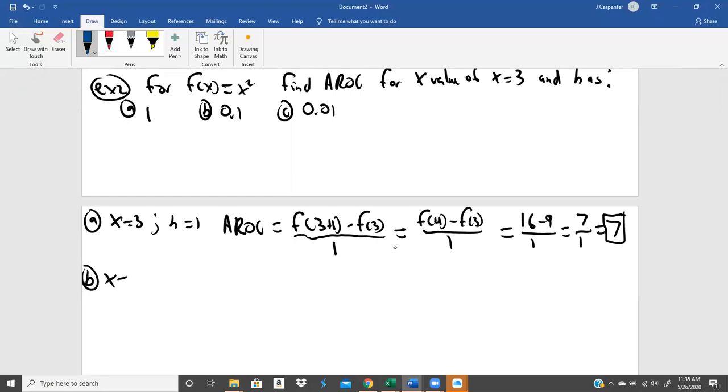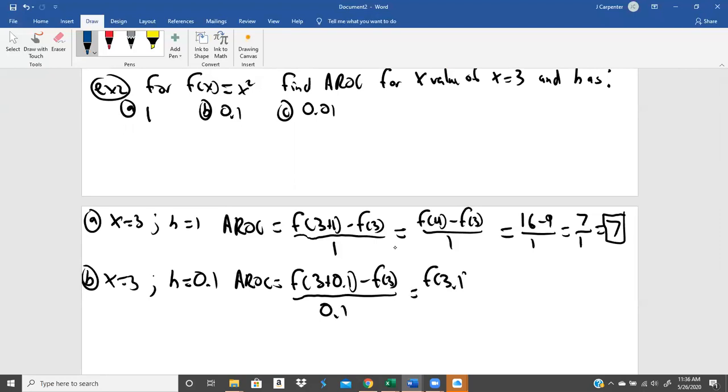Now let's start at 3, but let's have it a lot closer. We're going to have the h be 0.1, which means we're going from 3 to 3.1. So our average rate of change, AROC, is f of 3 plus 0.1 minus f of 3 all over just the h, which is 0.1.